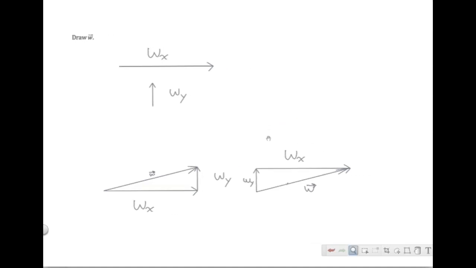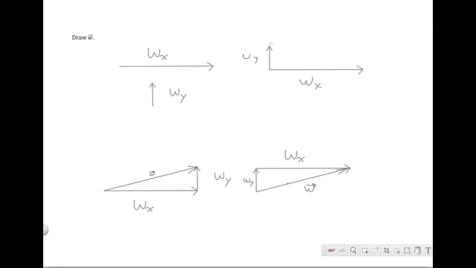In fact, I'll just show you one more way that we could do this, just so that we're really understanding. We could take the wx vector, and then we could put the wy vector over here at the tail of the wx. So this would be wx, and this would be wy.